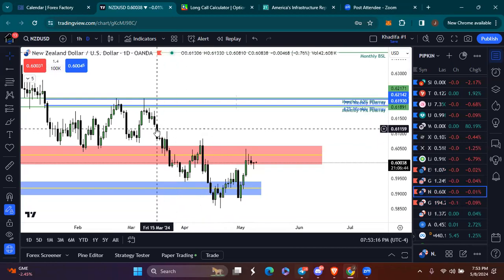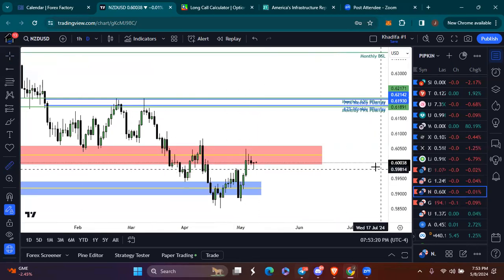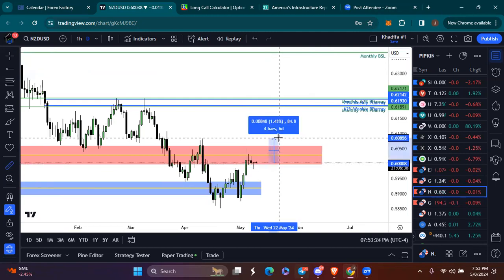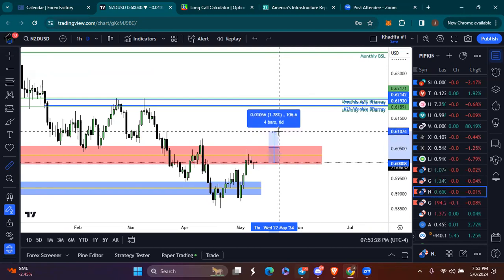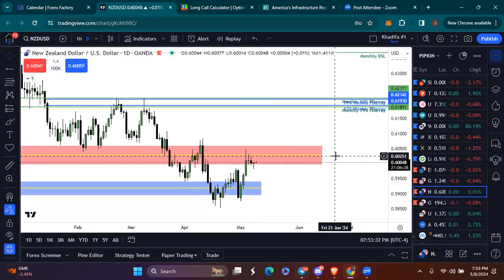And you see, you've got a fair value gap right above this swing high. So for USD, that's anywhere from 80 to 105 pips, which is really good pips for one trading day.